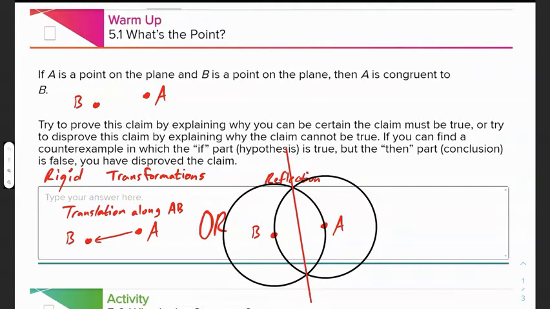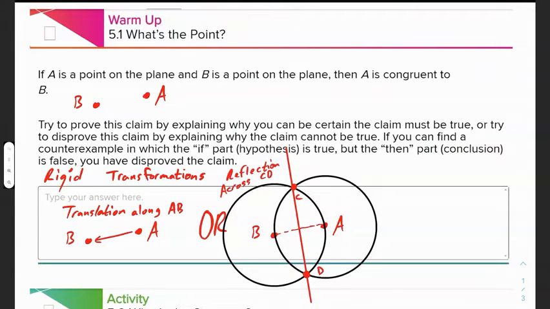So if you were to do a reflection, I'll name this point up here C, and this point right here D. So that is a reflection across CD. A reflection also preserves distance, so a reflection could have worked.